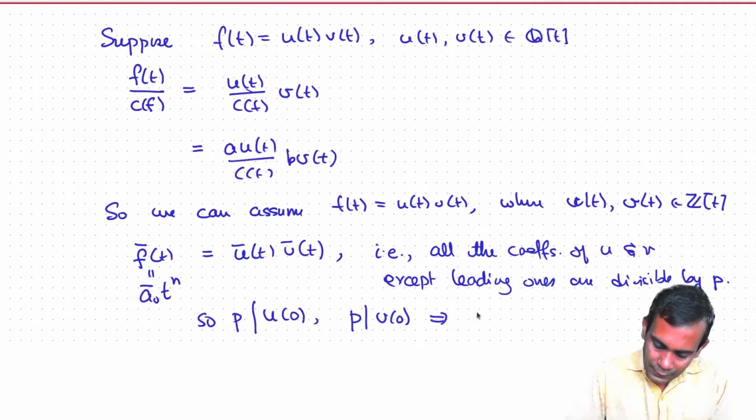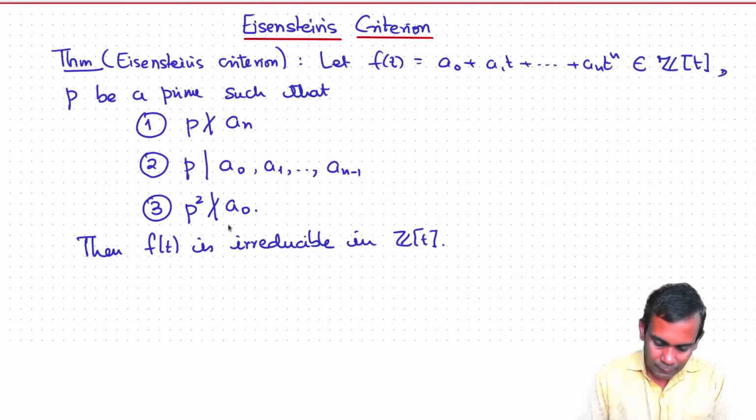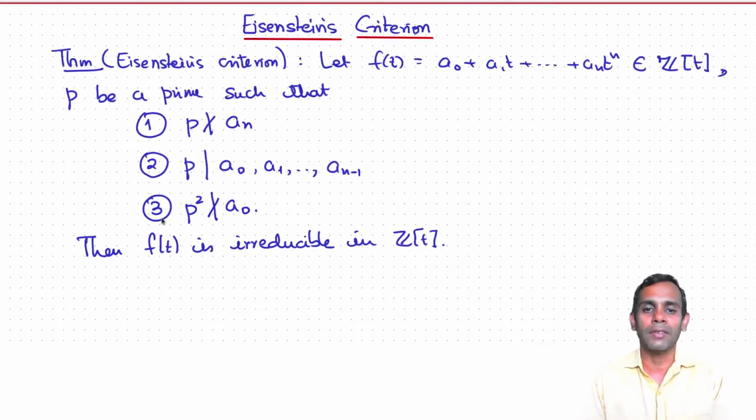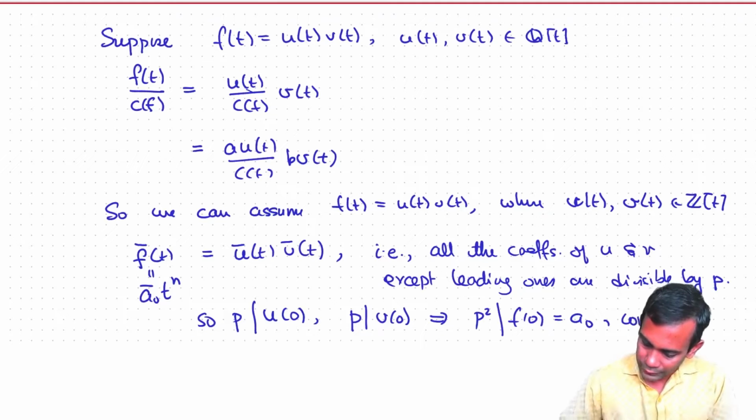But this implies that f of 0, which is u of 0 times v of 0, is divisible by p squared. p squared divides f of 0, but that is just a0, which contradicts this last hypothesis that p squared does not divide a0. And so we conclude that f must be irreducible. Contradiction.